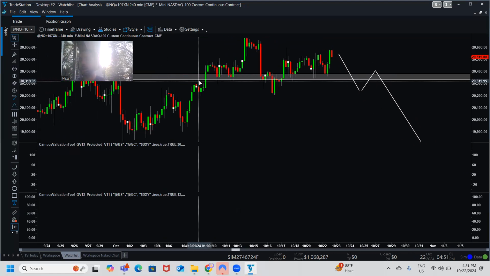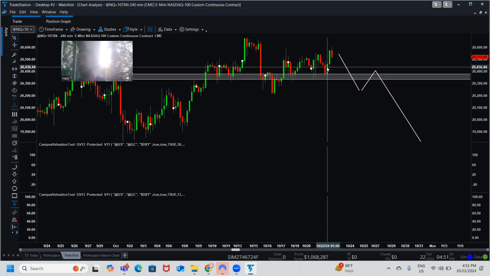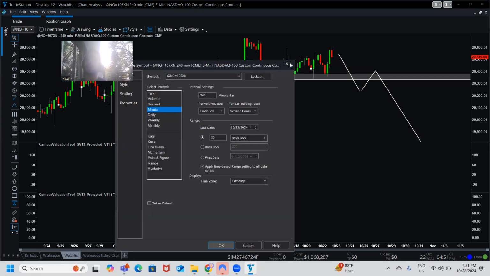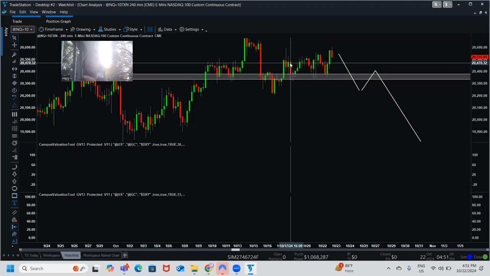So I'm waiting for this drop, and then when elections come, I'm buying equity indices until the end of this year. So I'm currently looking for two trades: the shorts before the elections and then the longs during the elections or that week of elections. So that's pretty much it, you guys.